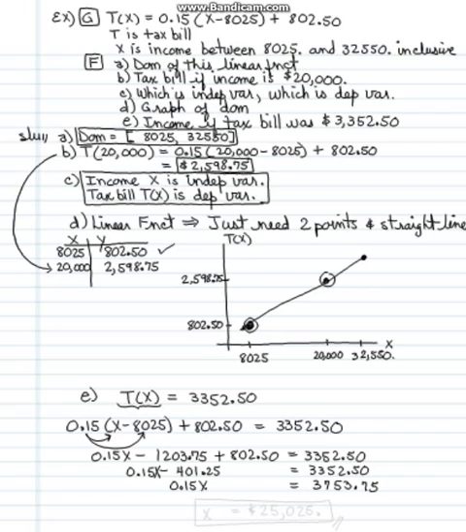And finally, dividing both sides by 0.15, I get X is equal to, I'll put a dollar sign on it, $25,025. And that is the income that you would have if your tax bill was the given $3,352.50. And we're finished.